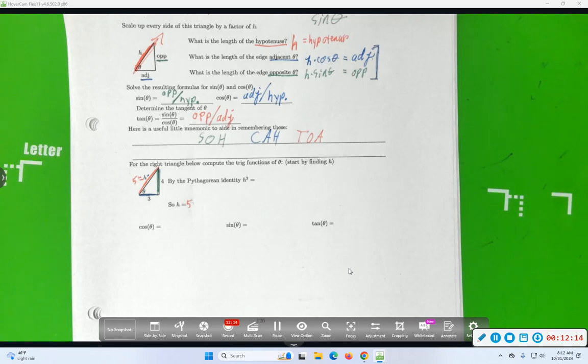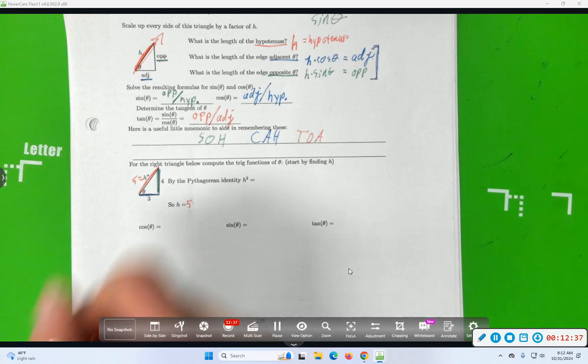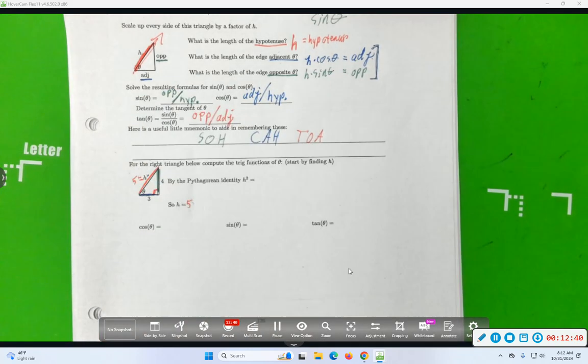There are infinitely many. The next one is like 5, 12, 13, I think. Check that later. So that's one just to remember. In general, 16 plus 9 is 25, square root is 5, so it doesn't save you that much more. But 3, 4, 5 triangles, if they're right triangles, you can use.